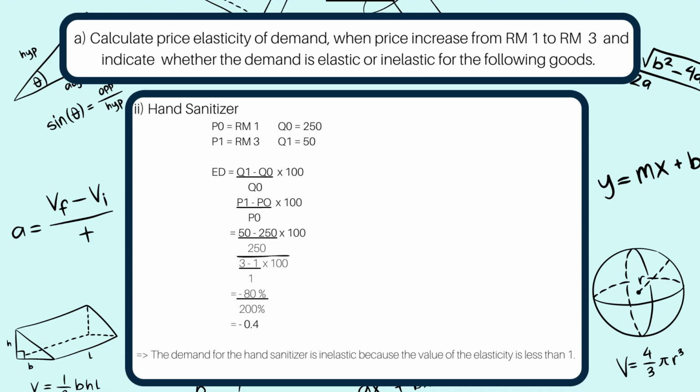The calculation is 50 minus 250 divided by 250 times 100, divided by 3 minus 1 divided by 1 times 100. We get negative 80% divided by 200%, which is negative 0.4. The demand for the hand sanitizer is inelastic because the value of the elasticity is less than 1.